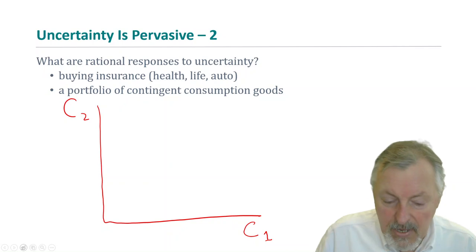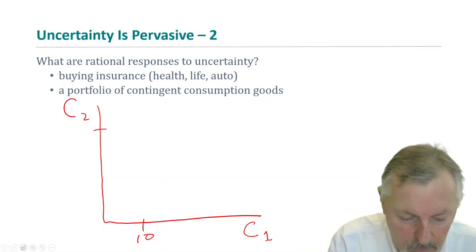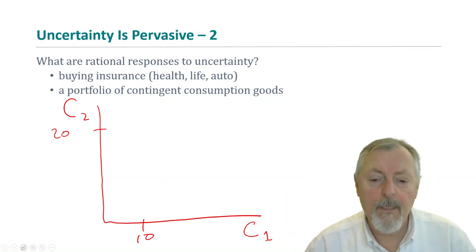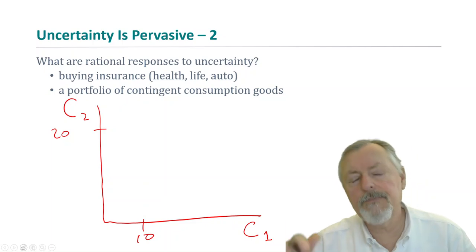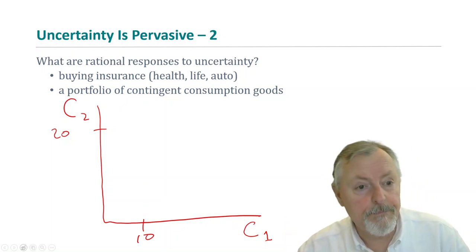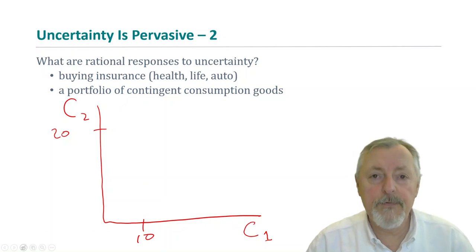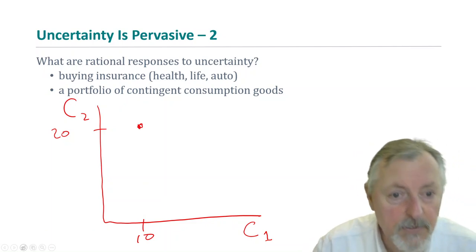All right, maybe you would be there, 10, 20. C1 is how many heads of cabbage you'd have if the coin comes up heads. C2, how many heads of cabbage you'd have if it comes up tails. There's a consumption bundle.